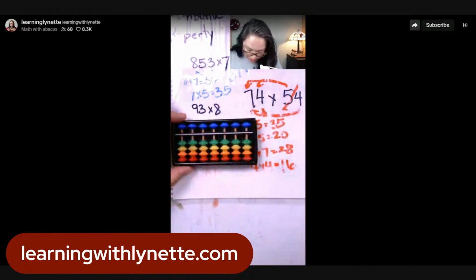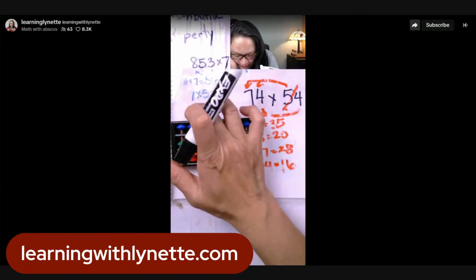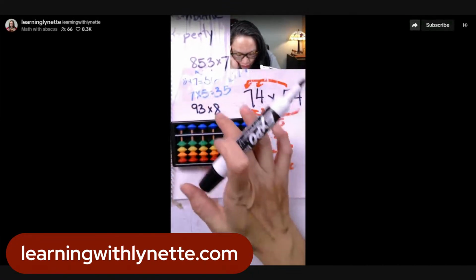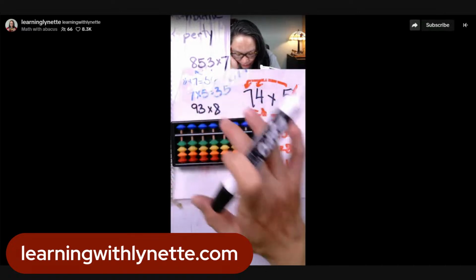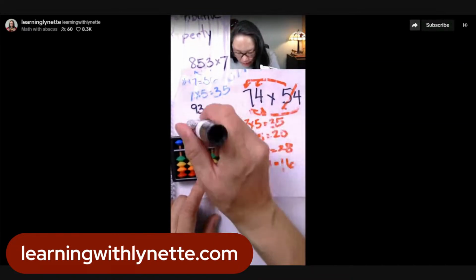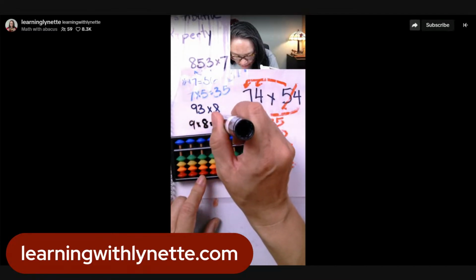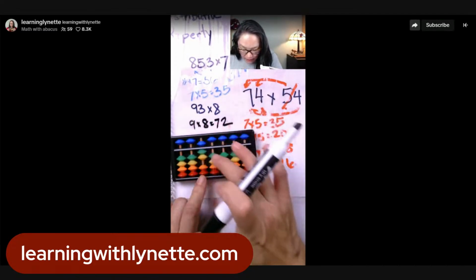To find our starting point, we're going to do this one. 93 times 8. So we're going to count our digits 1, 2, 3. So we have 1, 2, 3. And then we do what? We do 9 times 8 is equal to 72. Add the 70, add the 2. Right? Easy. So then what are we going to do?